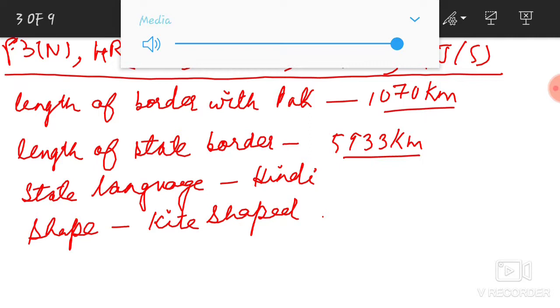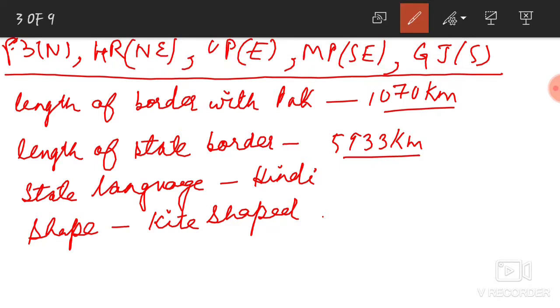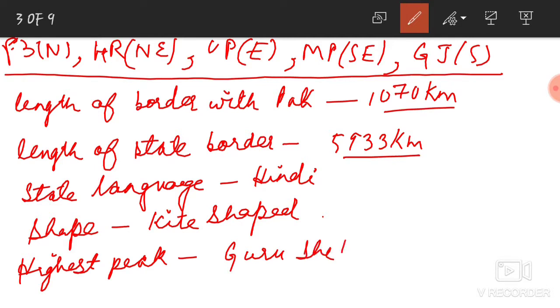Now we will be discussing the mountains in Rajasthan. The highest peak in Rajasthan is Guru Shikhar, and Guru Shikhar is in Mount Abu, that lies in Sirohi district.